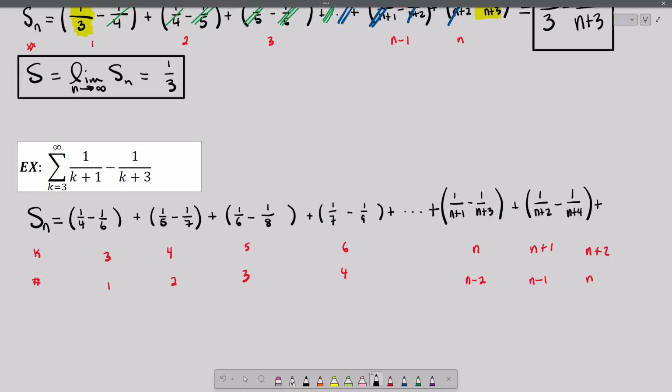And then our final term of S sub n, we have to plug in n plus 2. So n plus 2 plus 1 is n plus 3, and n plus 2 plus 3 is n plus 5. So that is S sub n. Let's move that under that. Everyone tracking?